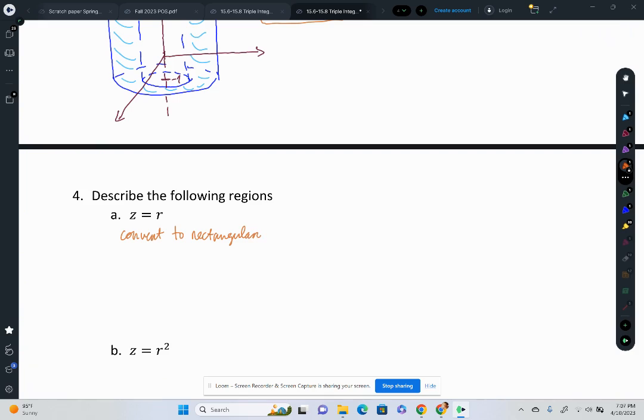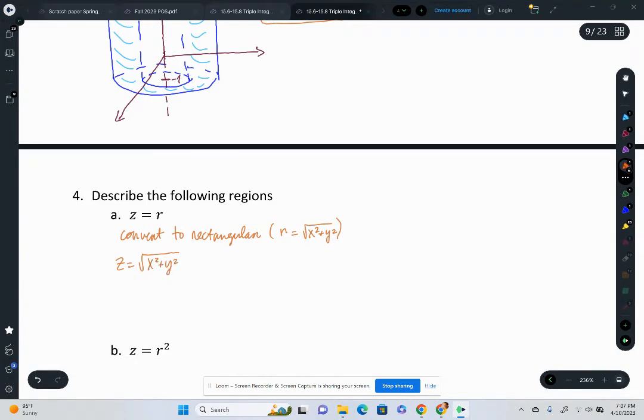And when I convert to rectangular, I have to remember that r is equal to the square root of x squared plus y squared. So that means that z is equal to the positive square root of x squared plus y squared. Well, from all the work that we've done on being able to identify what an equation is in 3D, this comes from chapter 12, this is the top half of a cone.